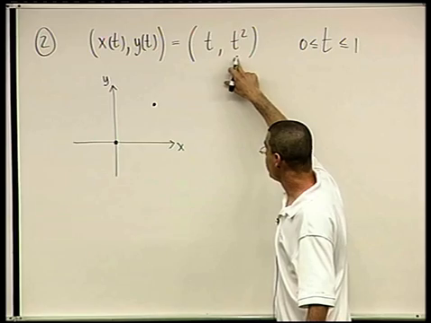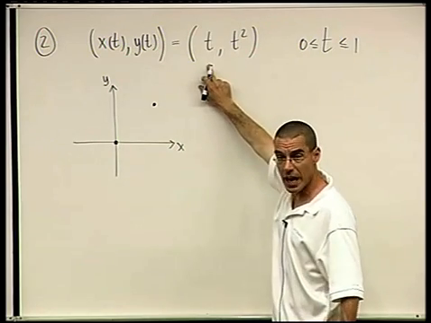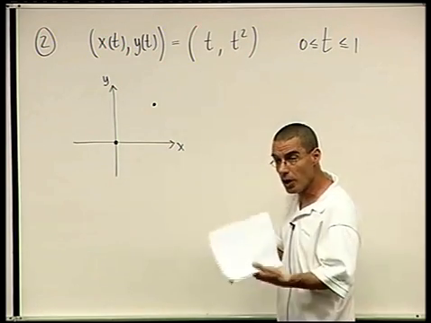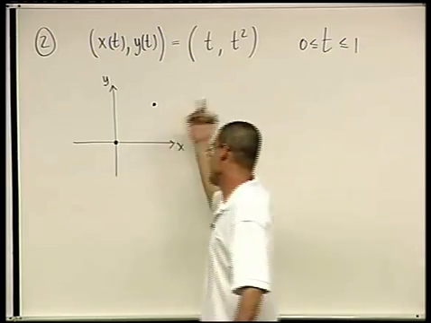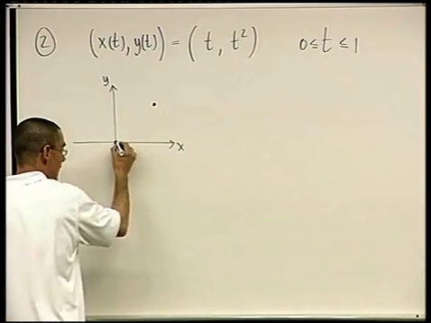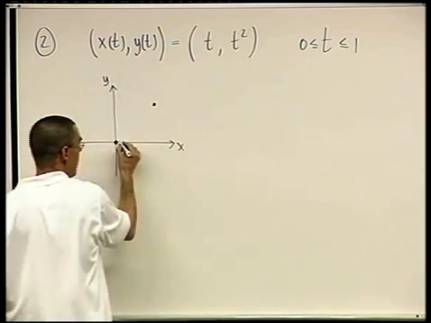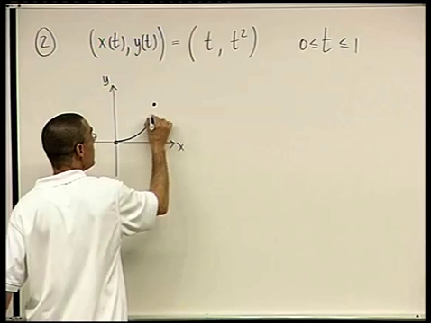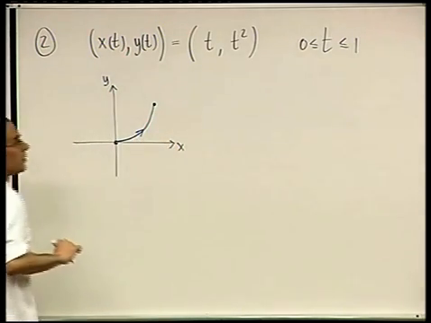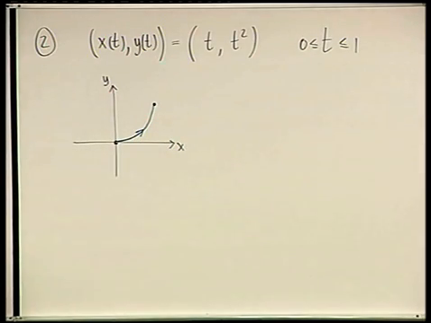The y is always the square of the x. Do you agree? So all the points in between, including the endpoints, of course, lie on the parabola y equals the square of x. So this is going to be this curve. Does everybody see that? Good?